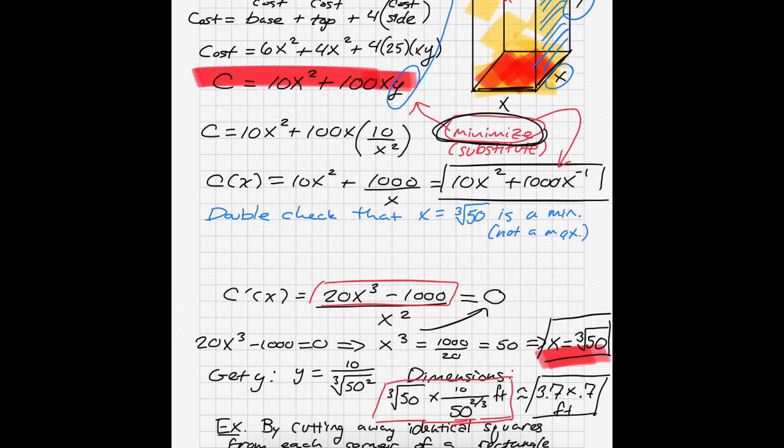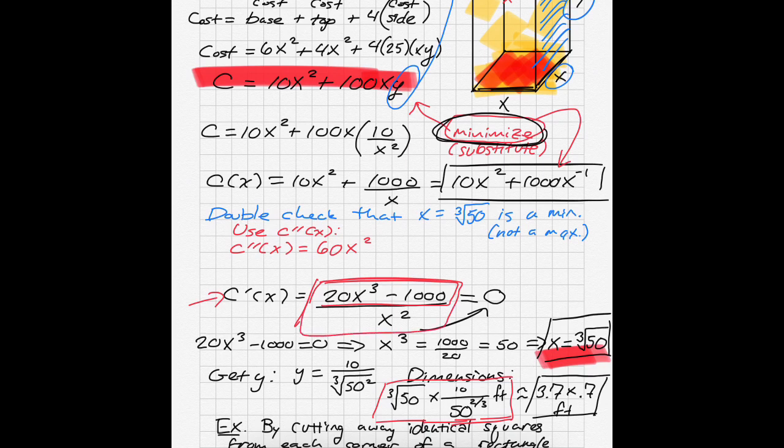So remember how I could do that? I could use the second derivative. So let's do that. So I left my first derivative here for reference. It's right here, right? So the second derivative, okay, quotient rule.